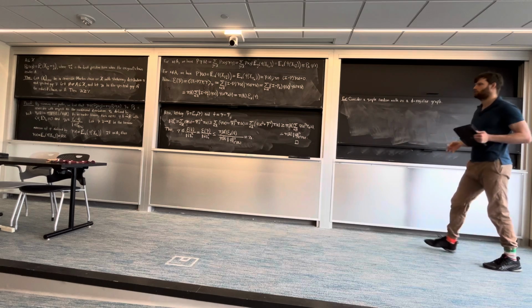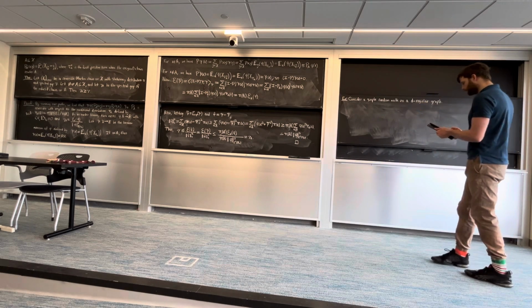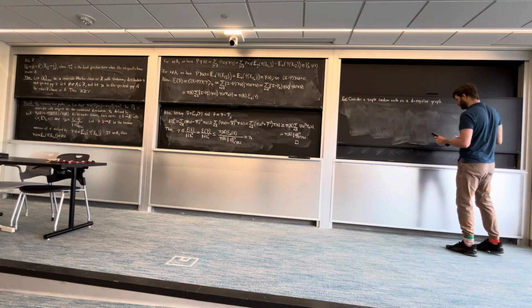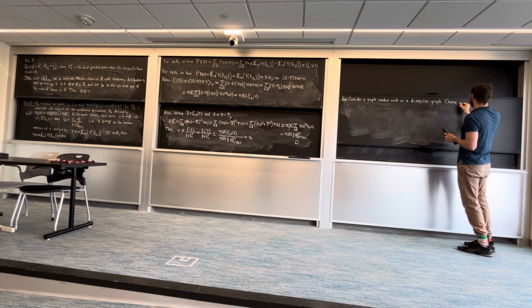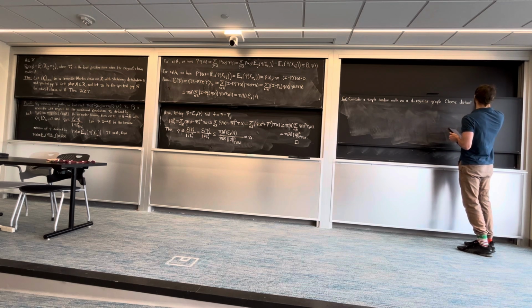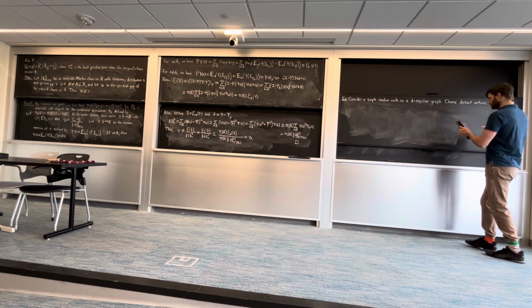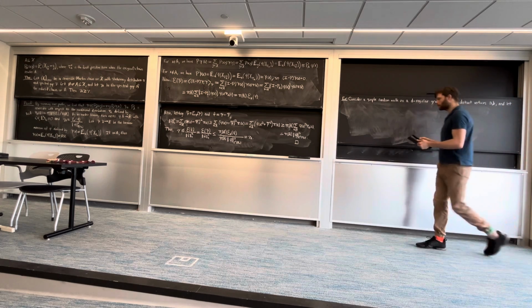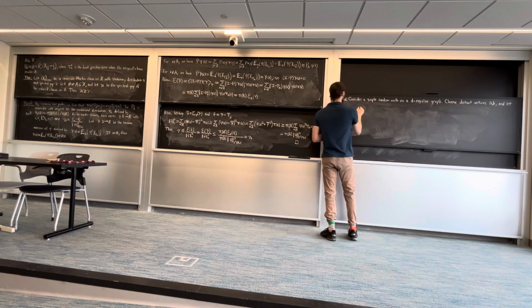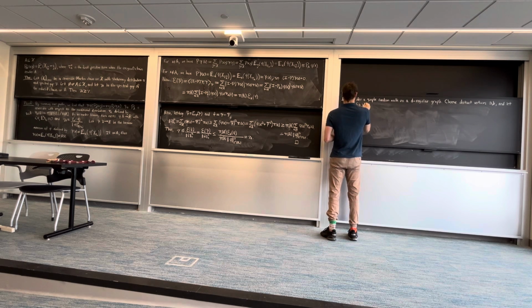So the stationary distribution is uniform because it's regular. Okay, so let's choose some distinct vertices, A and B, and we're just going to let our set capital A be these two vertices. So let capital A be the set A comma B.